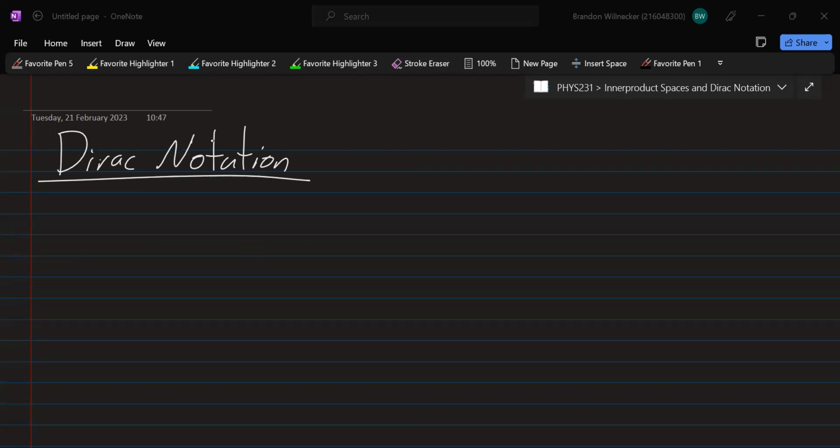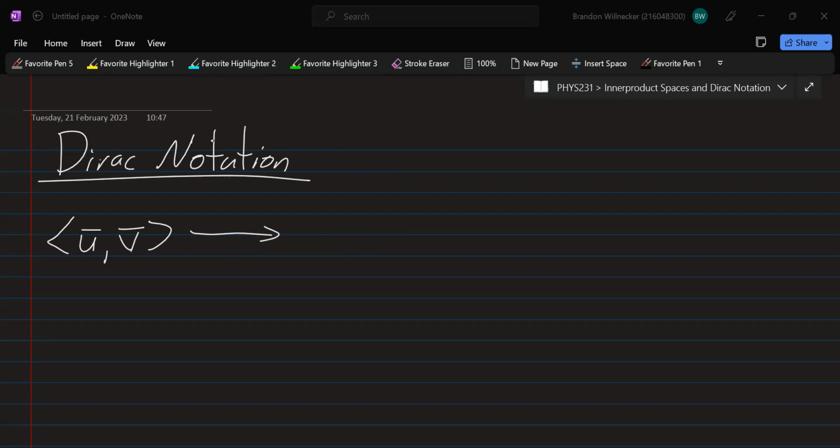Well, the Dirac notation comes from the use of the inner product in quantum mechanics, so we use it quite a bit. If we have the inner product u with v, we make a slight modification, and instead of the comma between the two elements, we replace the comma with a vertical line.